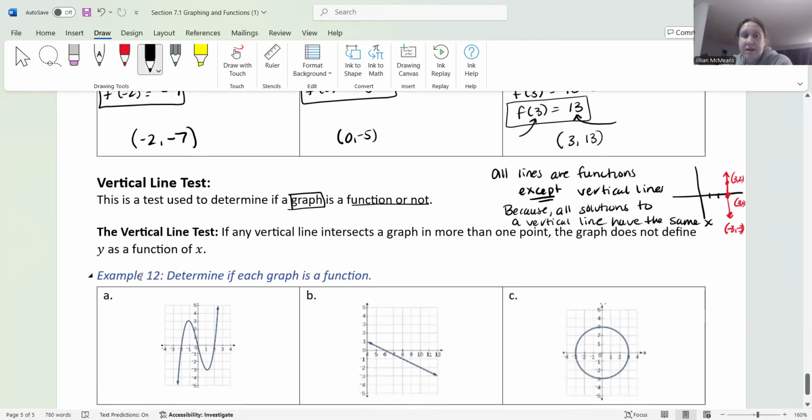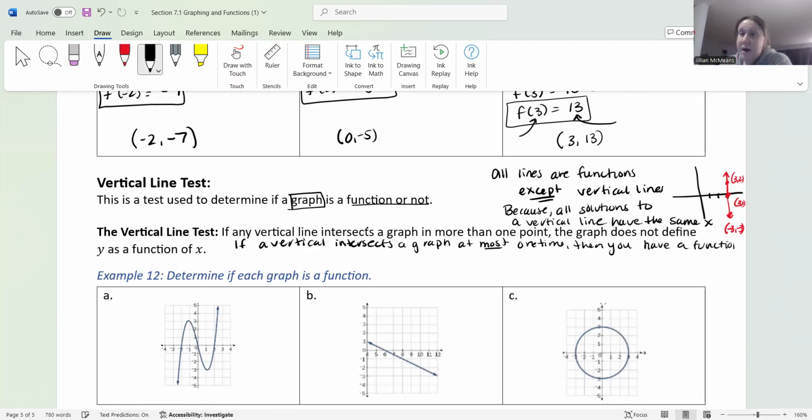The vertical line test says if any vertical line intersects a graph in more than one point, the graph does not define y as a function of x. Meaning, if a vertical line intersects a graph at most one time, then you have a function.